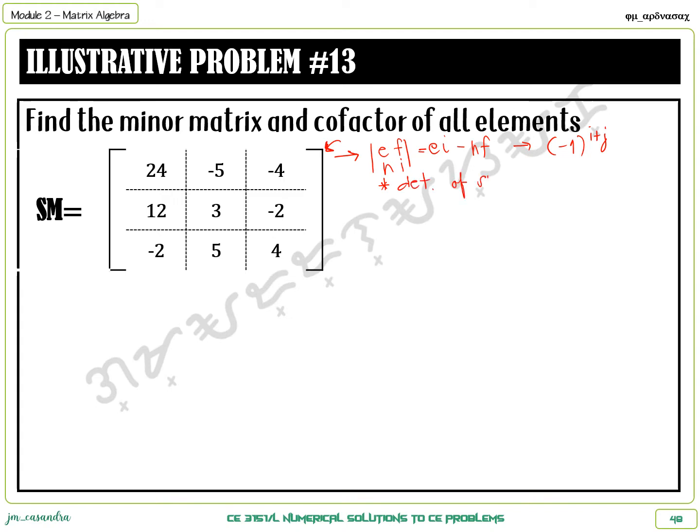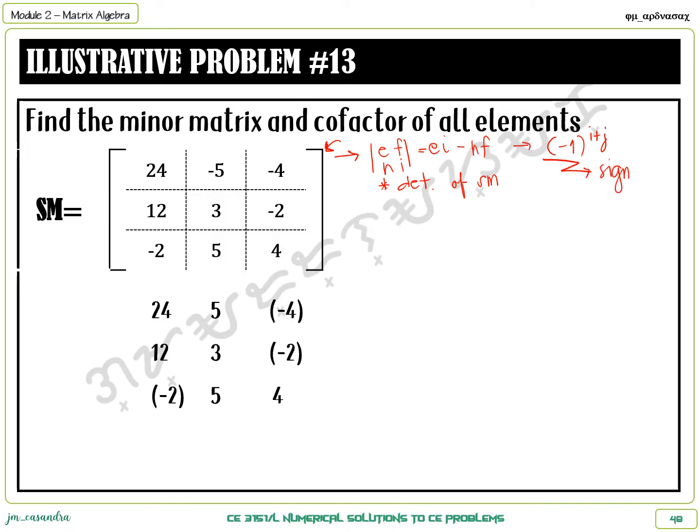So if we first solve for the minor matrix of all the elements, then from here we could also solve your cofactor matrix simply by putting our sign convention. The sign convention comes from this equation.